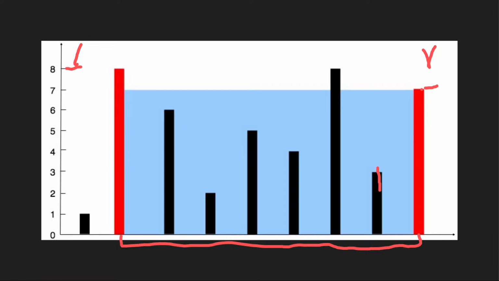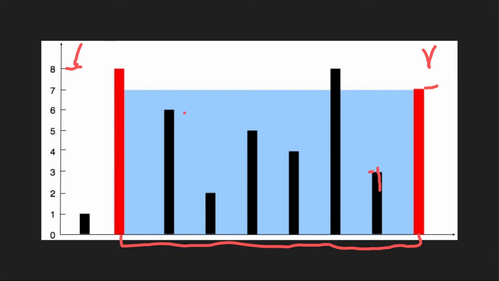Yeah. So for example, here we got a total area, and normally, yeah, we must move the shorter bar. This bar is shorter. We're gonna move it to here, and then we're gonna calculate the area. Yeah, but we cannot move the higher bar.